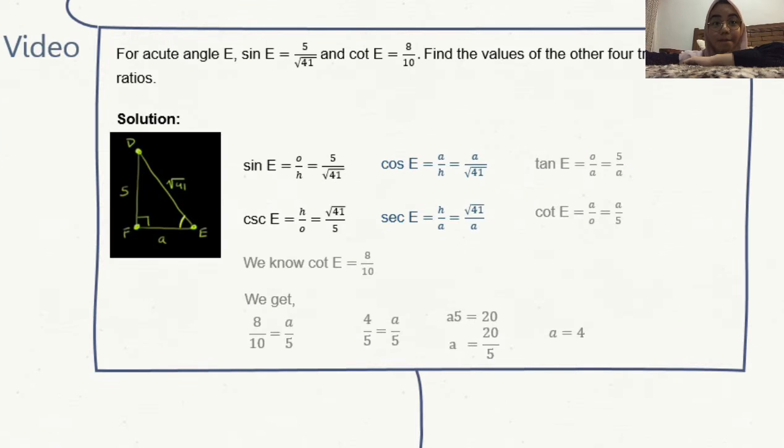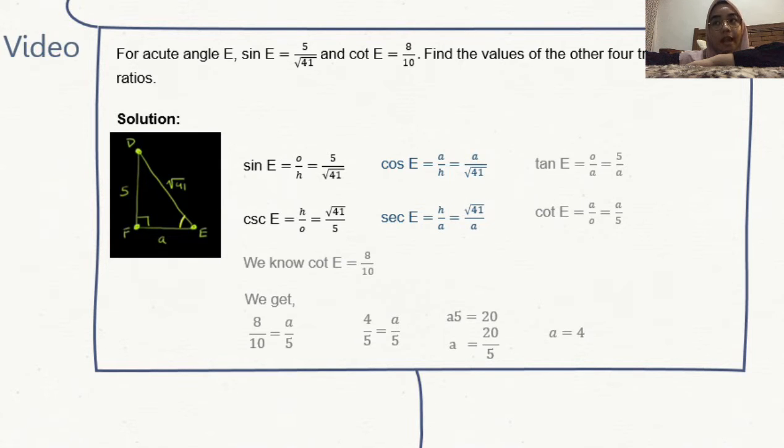Next example. For acute angle A, sin A is 5 per root 41 and cot A is 8 per 10. Find the values of the other four trigonometric ratios.